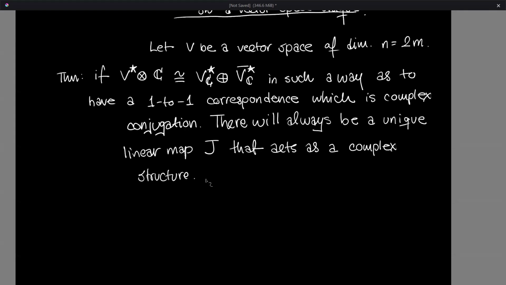That's all you need. You need V star times C to be decomposable as a direct sum of two spaces. We don't know what those spaces are, other than the fact that if you conjugate one you get the other, then the complex structure must exist.